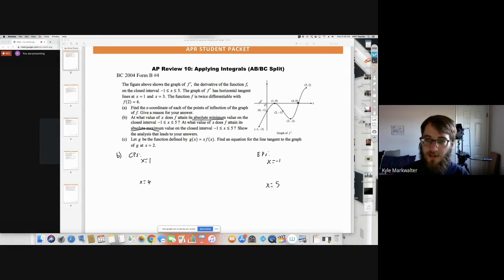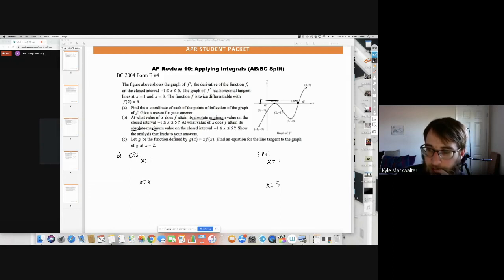Okay. Let's say that I wanted to know what happens as I integrate along this graph. Because I do, in the end, want to talk about f. So f is going to be the integral of this thing, no matter what. So there's no way around the whole integral stuff that I have to do. But let me think about it this way. What if I just took the integral of f prime from -1 until somewhere in here?